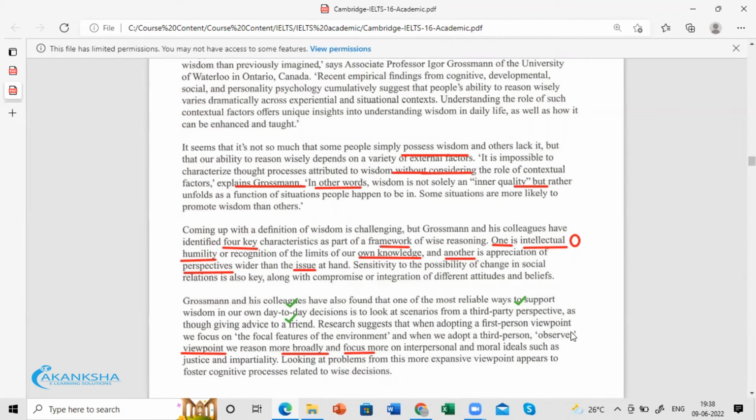So when adopting, we focus on adopting the third person observer viewpoint, and interpersonal moral ideas, impartiality. More expansive viewpoints appear to foster cognitive processes related to wise decisions.